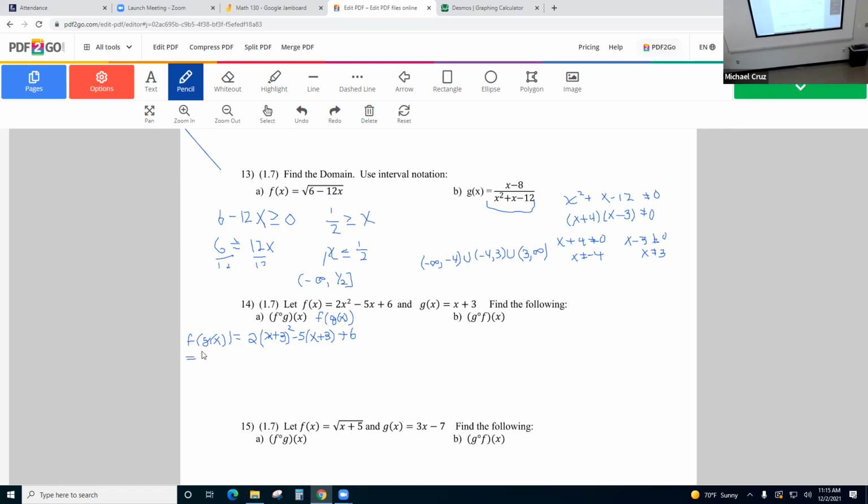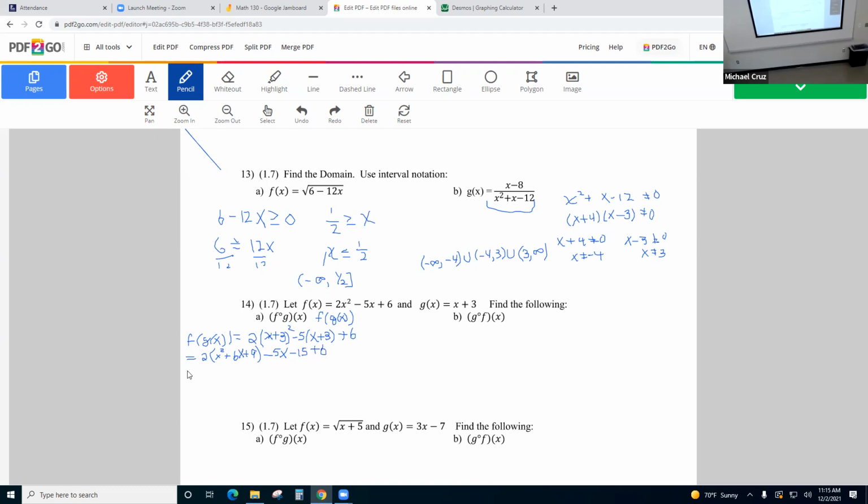All right, so this right here is 2 times x squared. I'm taking that shortcut. And then this is minus 5 times x and minus 5 times 3, minus 15.